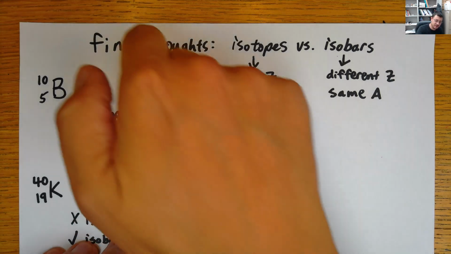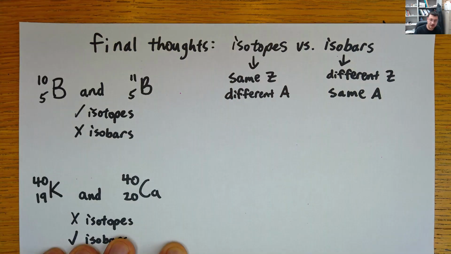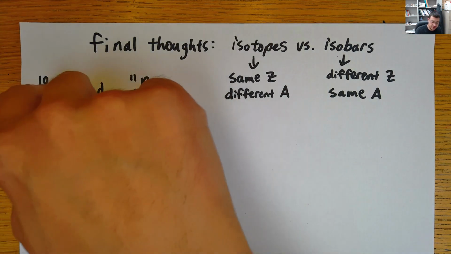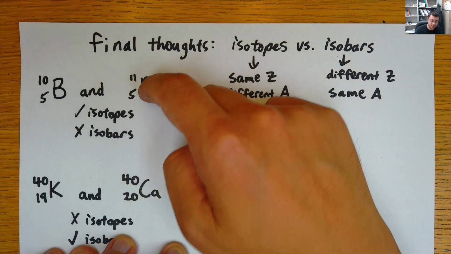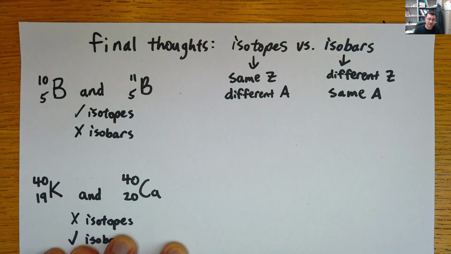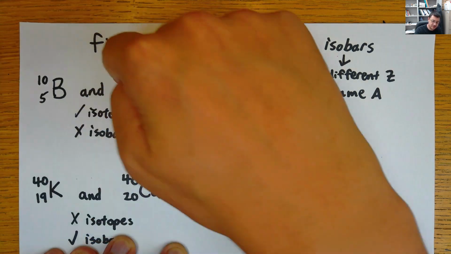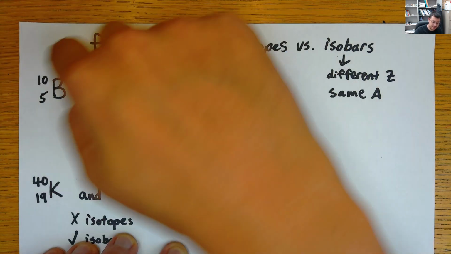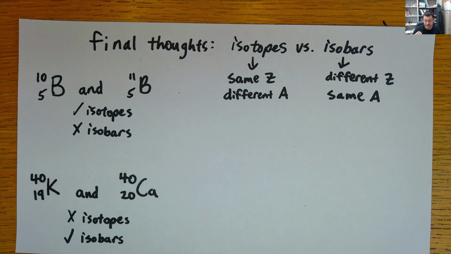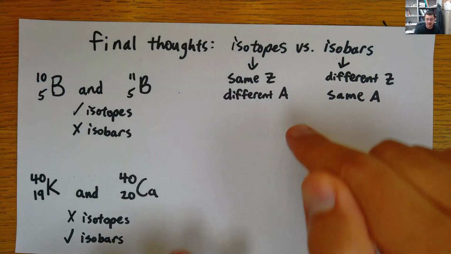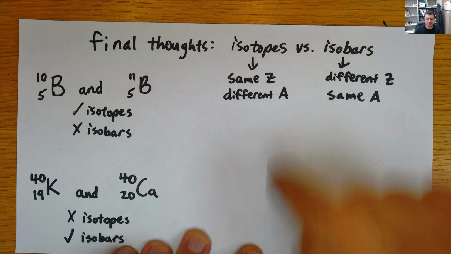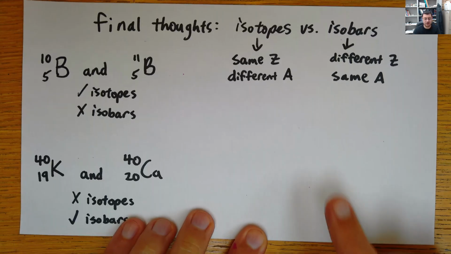In other words, right here we have a set of isotopes. These are two different boron isotopes. In order to be called isotopes, you have to be the same element. But they have different numbers of neutrons. You have to have the same Z, but you can be different in your number of neutrons and therefore your mass number.